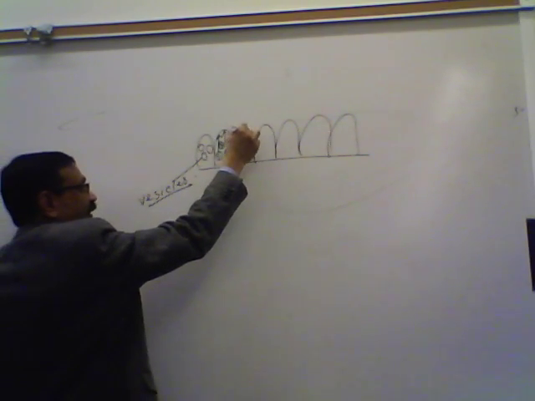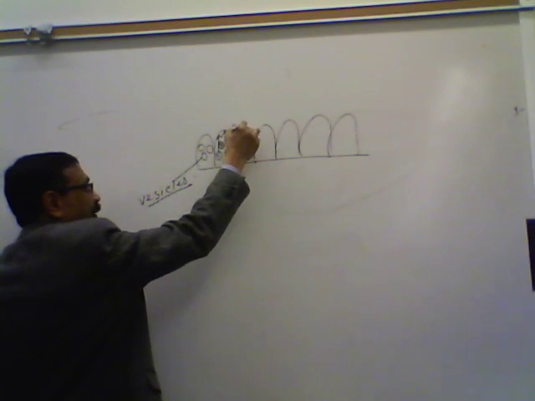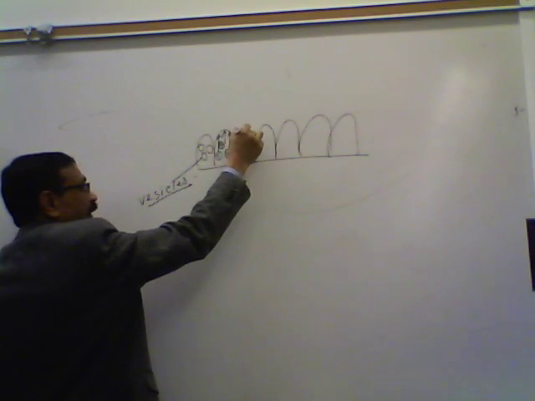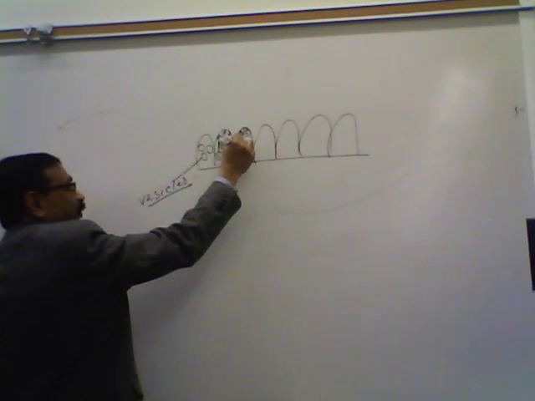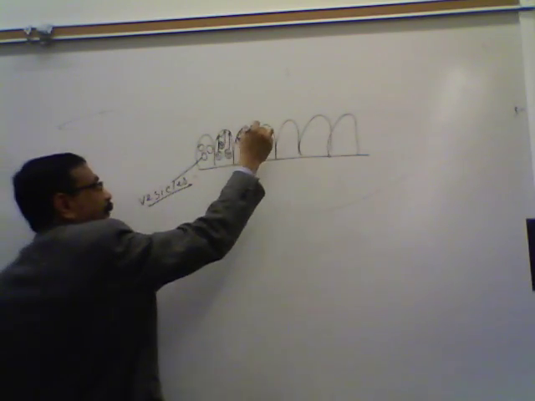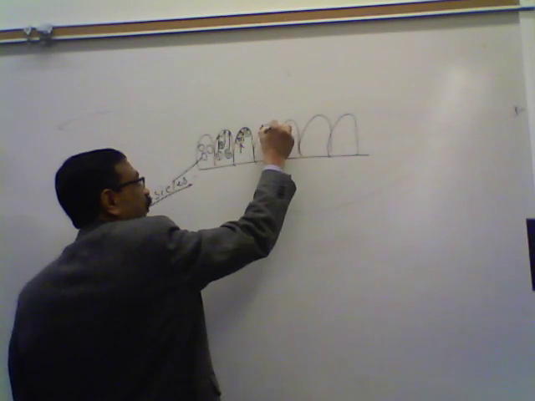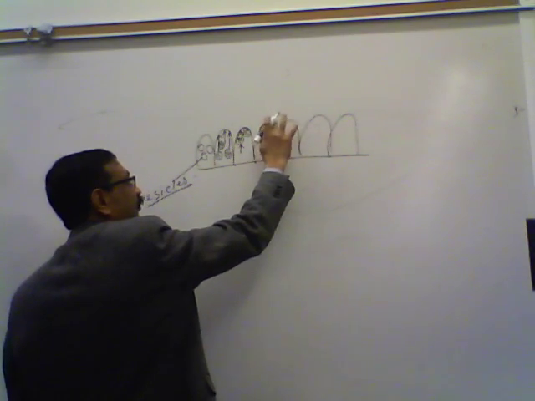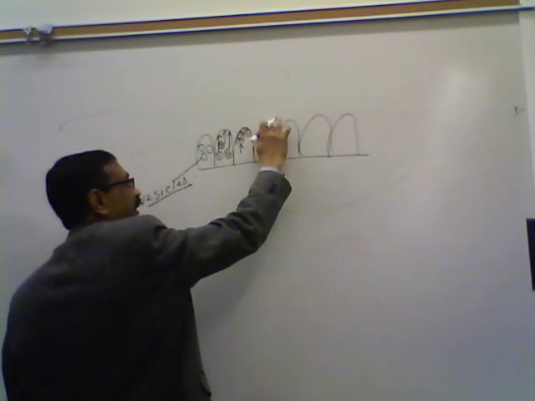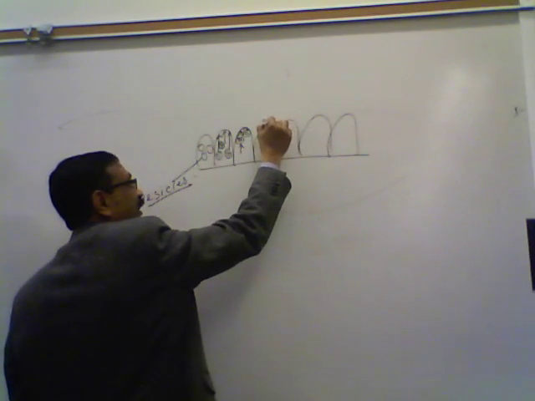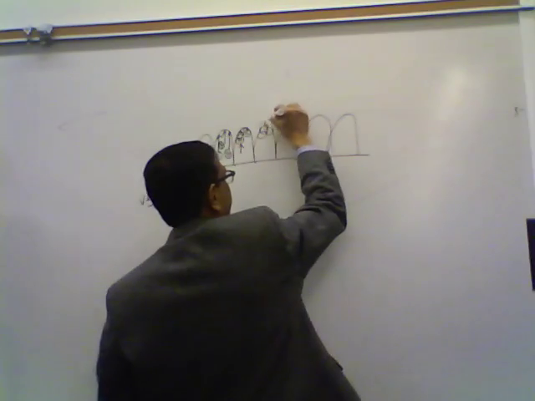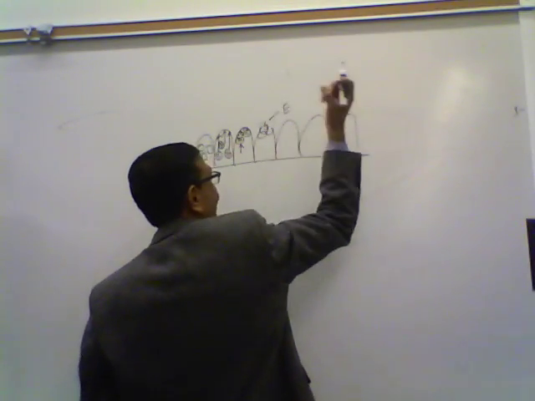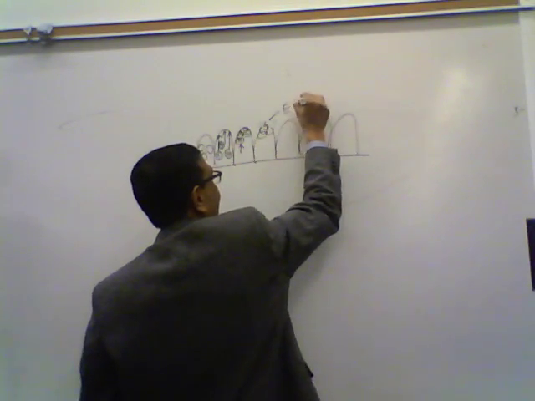So all these vesicles will come here. They are filled with what? Chemicals. And next what will happen? These vesicles will rupture. Lysis of the vesicles will occur and the chemicals will get out. This process is called exocytosis.